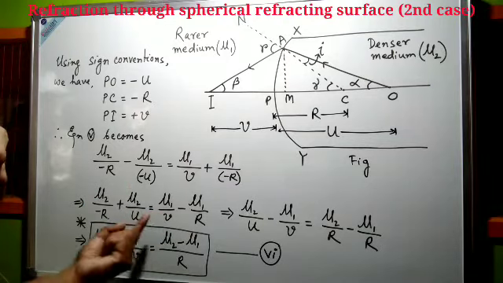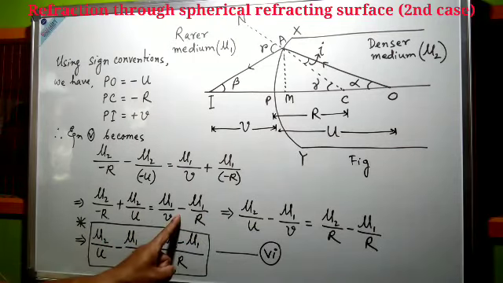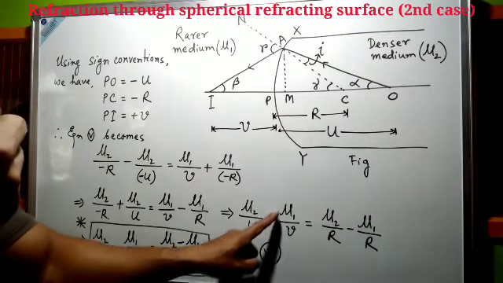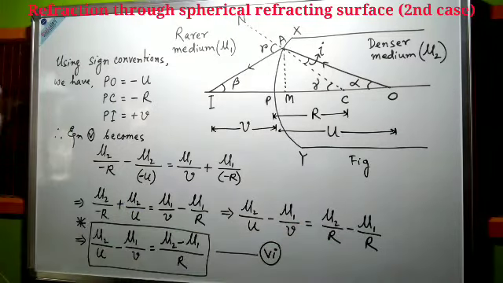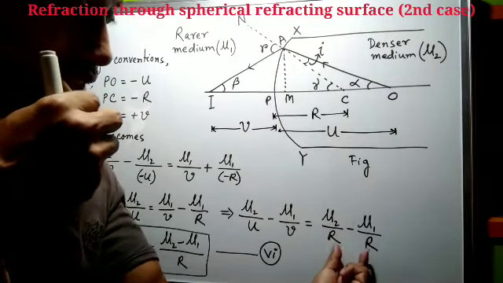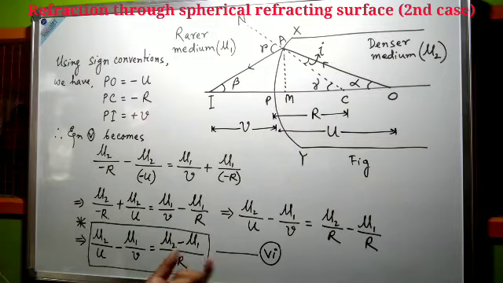So we may write like this, mu2 by u minus mu1 by v equal to mu2 by R minus mu1 by R. Then capital R on the right side can also be written like this, that is, taking LCM, then we may write like this: mu2 by u minus mu1 by v equal to mu2 minus mu1 divided by R, and write it as equation number 6.